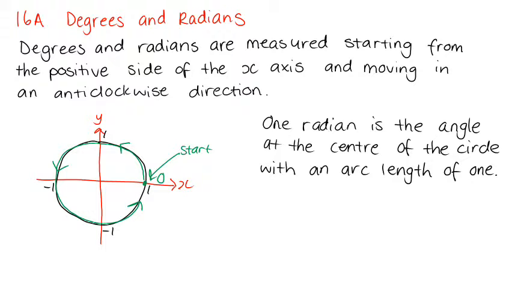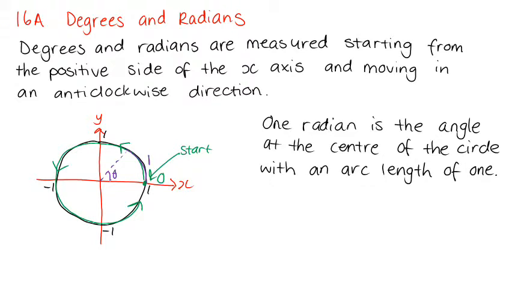So what we find is if that's the radius 1 there, and we go an arc length of 1, so that curve around there is like 1 unit, then the angle in here is 1 radian. Just the distance around the outside of the circle here is 1 unit, same as here, it's 1 unit, right? This angle in here is called 1 radian.